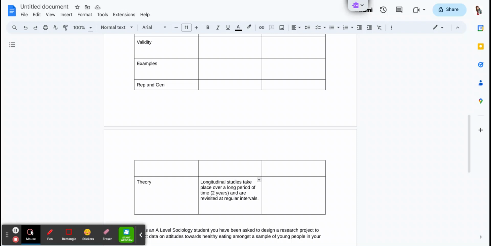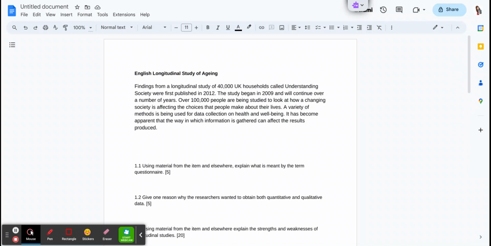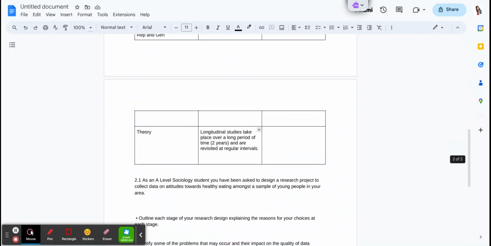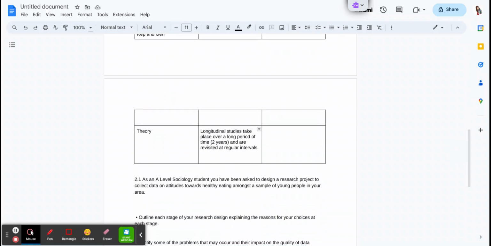So, theory. Well, longitudinal studies can be qualitative or quantitative.